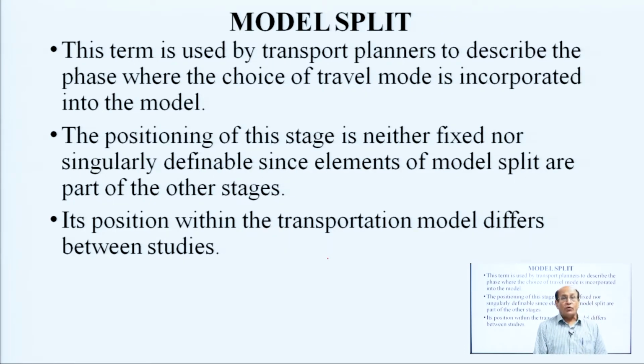Now, come to the model split. This term is used by transport planners to describe the phase where the choice of travel mode is incorporated into the model. The positioning of this stage is neither fixed nor singularly definable, since elements of mode split are part of the other stages. Its position within the transportation model differs between studies.